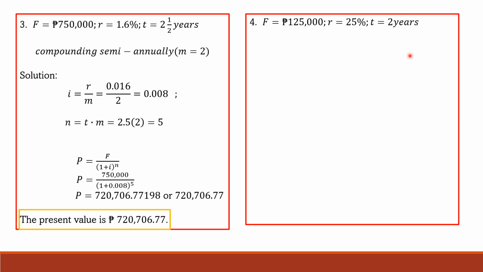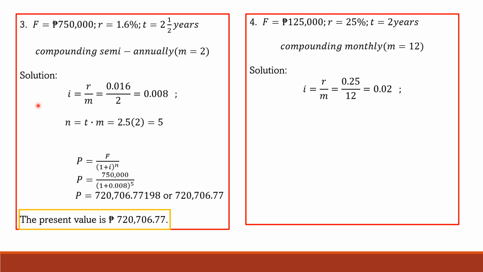Our last example, final amount equals 125,000 pesos with a rate of 25% and the length of time is 2 years. Now, it is compounding monthly. So M is equal to 12. I is equal to R divided by M equals, ang rate natin is 25%, convert to decimal, 0.25, divided by monthly is 12, so that is 0.02.